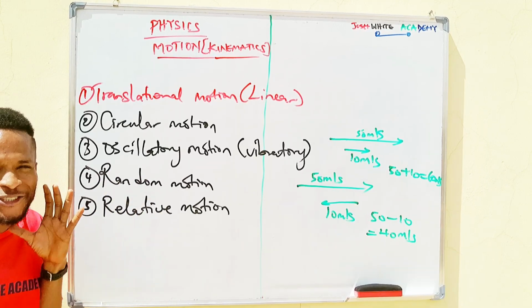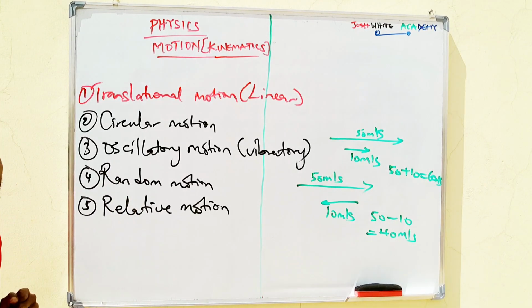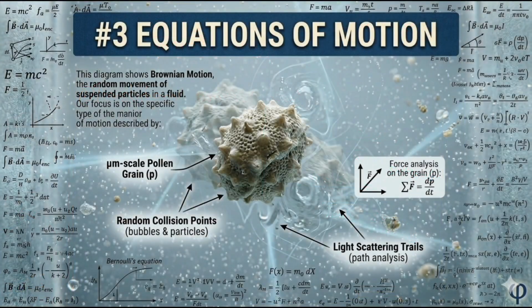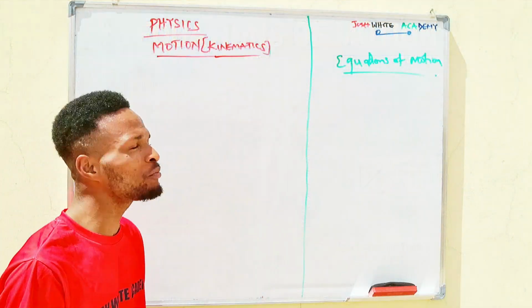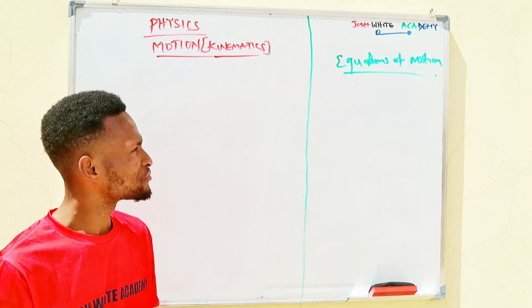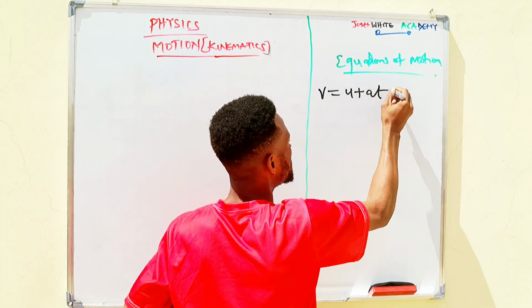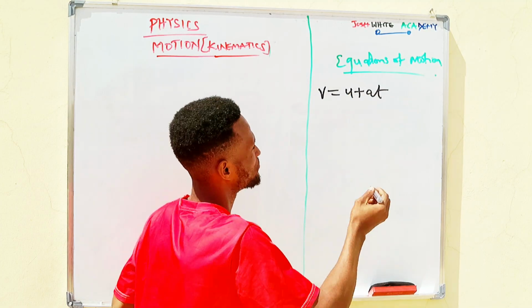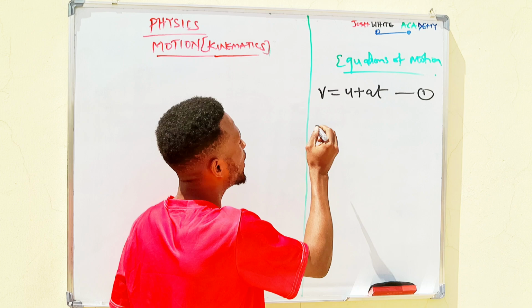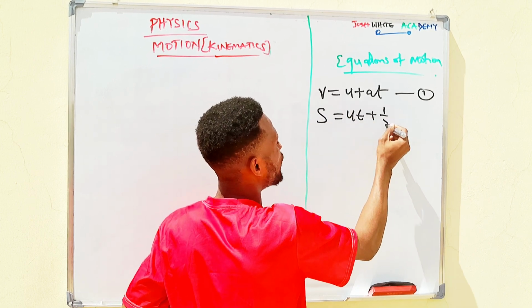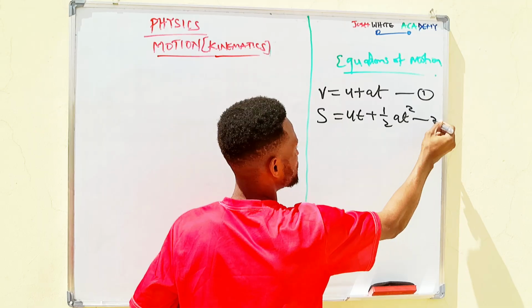So now let's talk about the equations of motion. I will be sharing with you 4 of them. The first one is V = U + AT. The second one is S = UT + 1/2 AT².